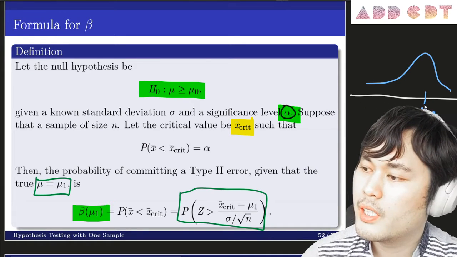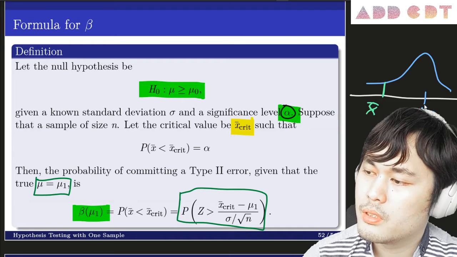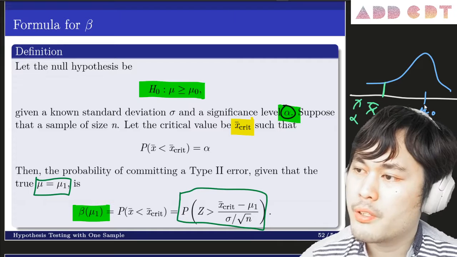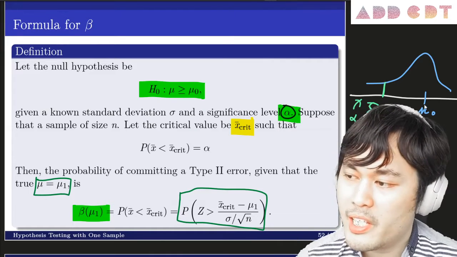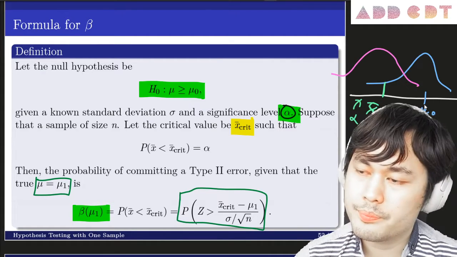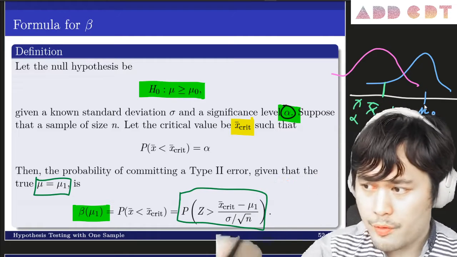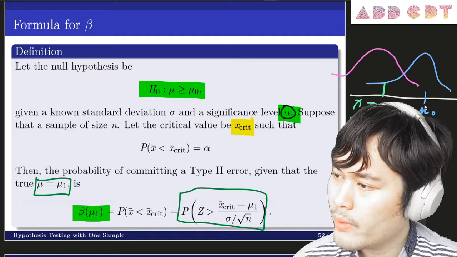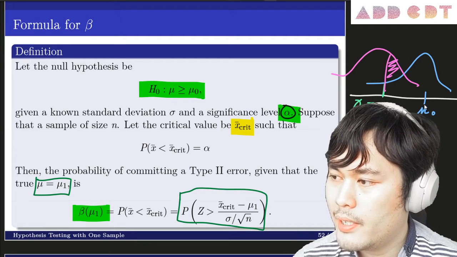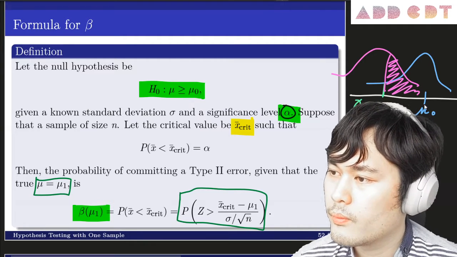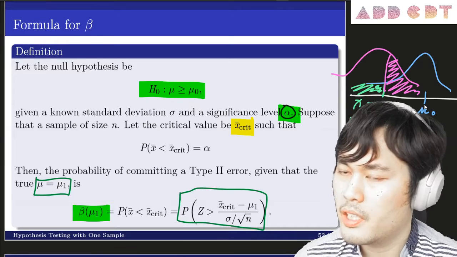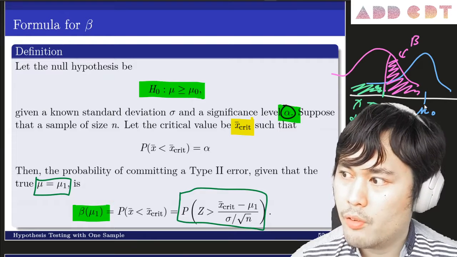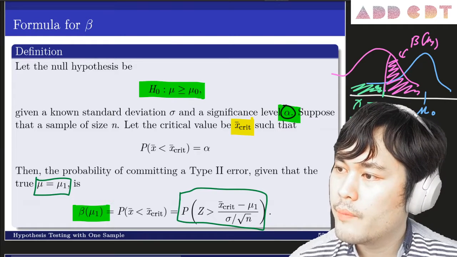Step 2, get the critical value for the alpha. Step 3, write the new belief. If we are wrong, then you should specify the new hypothesis. And then step 4, find that area, the pink area. That area would be beta. That area is alpha.